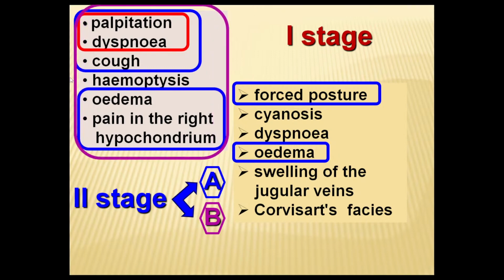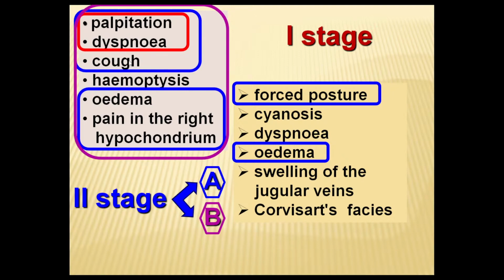The patient complains of all problems, and these problems appear at rest or with insignificant physical exercise. For example, the patient gets up, goes to wash his mouth in the morning, and stops because of dyspnea and palpitation.